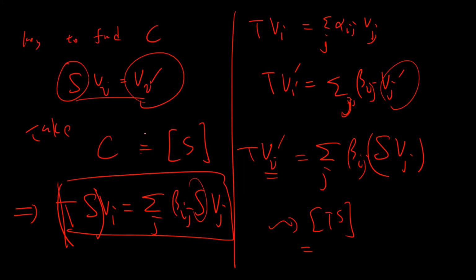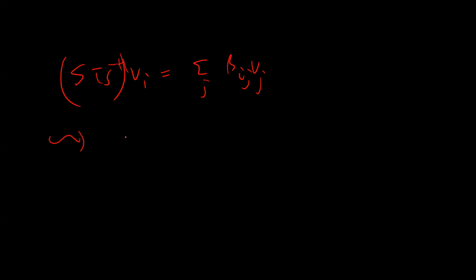Let me write it down: I take S^{-1}TS(Vi), and we get the sum over j of beta_ij Vj. So I take the inverse of S. So the matrix representation of S^{-1}TS will be just this T prime. Then you can do the multiplication and you get the answer. Okay, I think that's it. See you guys in the next video.